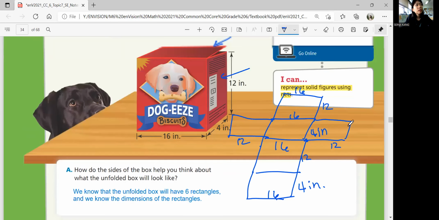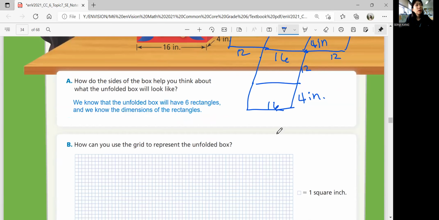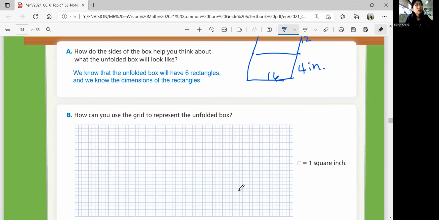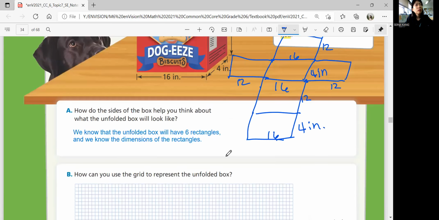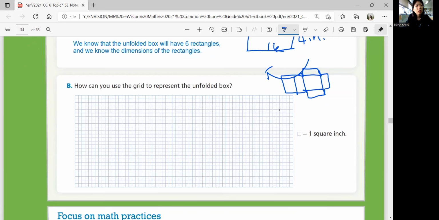So we're gonna rotate this figure and then put it on the graph like that, okay?